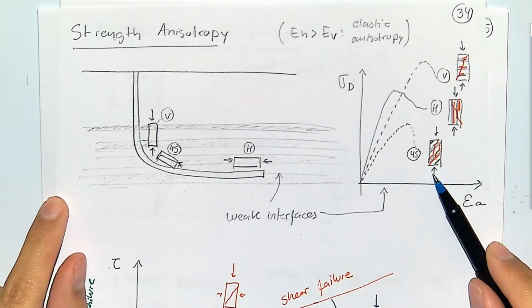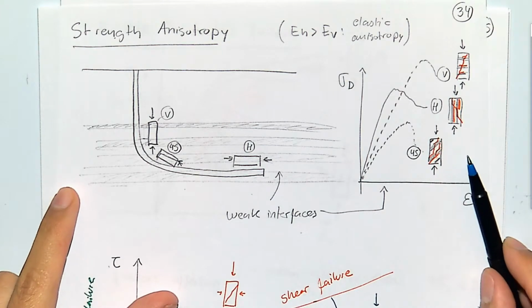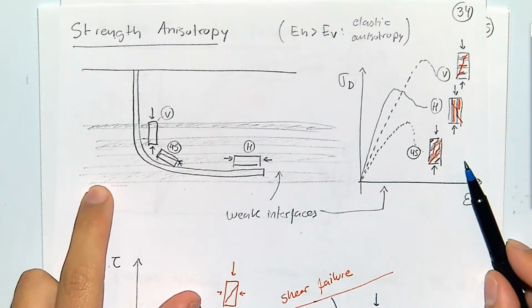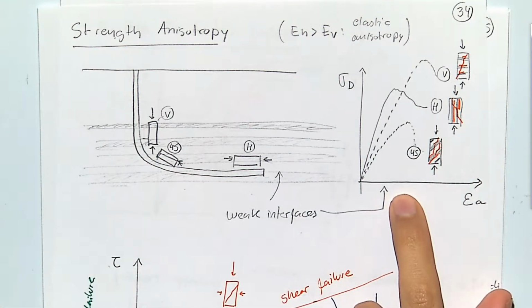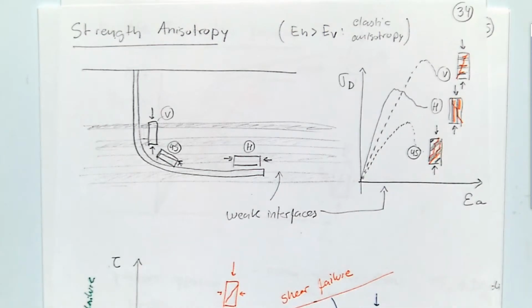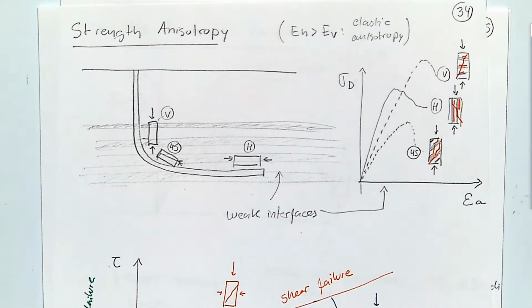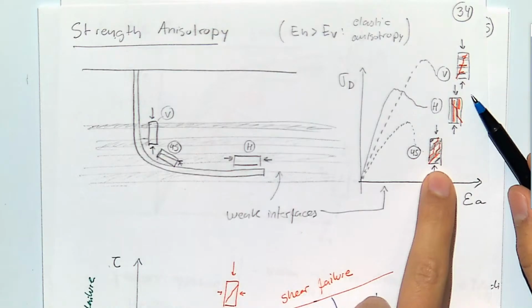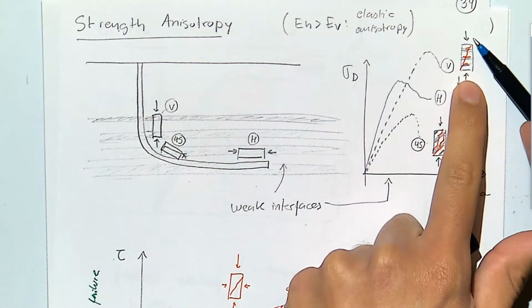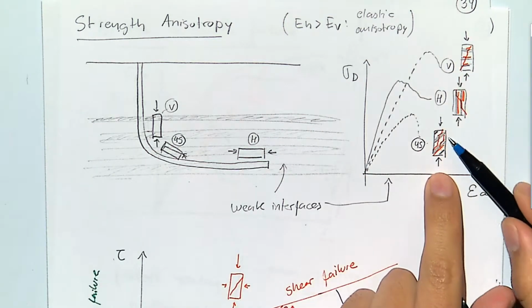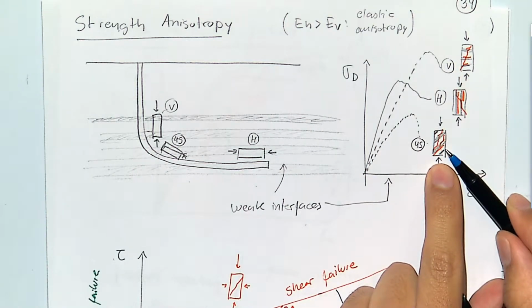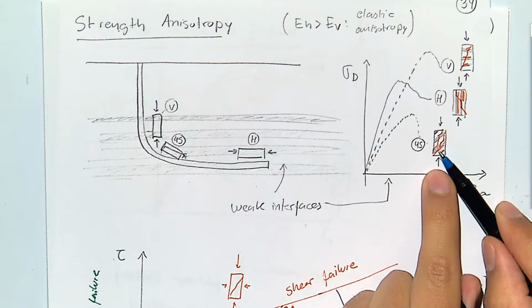So we discussed strength and anisotropy, and we said that rocks, especially sedimentary rocks, because of the way they are made, are strongly anisotropic. And it's not the same if you fail a rock perpendicular to bedding, or if you fail it parallel to bedding like this one, or at an angle.